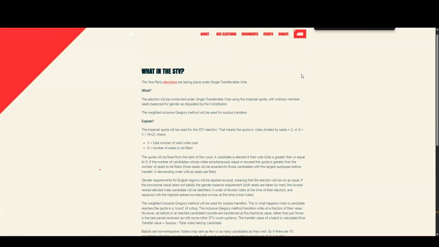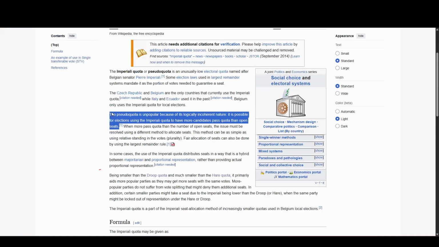I think it was interesting when we were looking at even Wikipedia in terms of the Imperiali quota and what it had to say, specifically talking about how unpopular it is. That was a really interesting read as well.